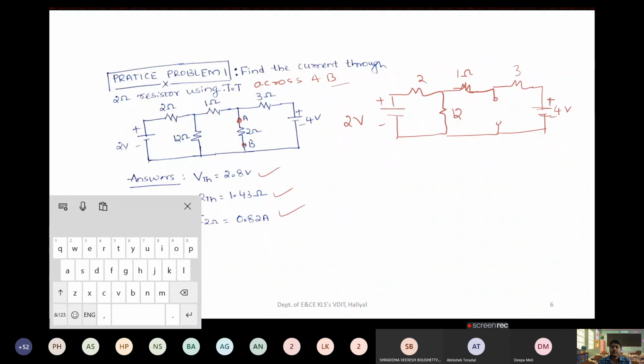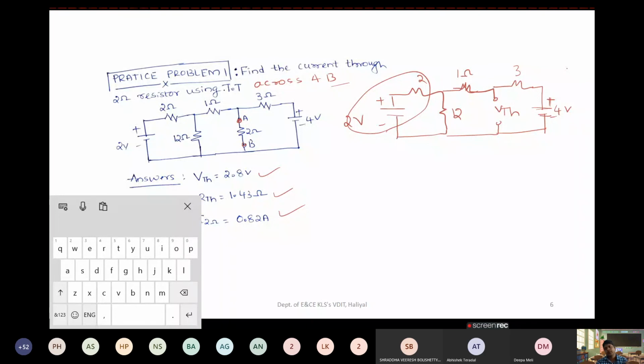If you have this, then you have to find VTH here. How to find VTH? You can use source transformation also, as I told. Convert this to a current source and you will get a voltage again. Convert that, you will get 2 voltage sources.